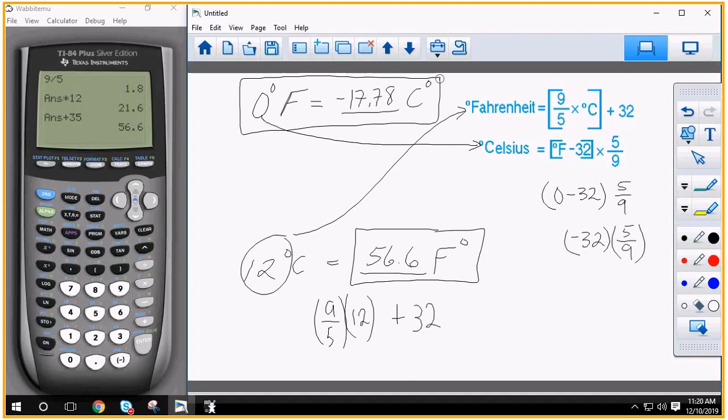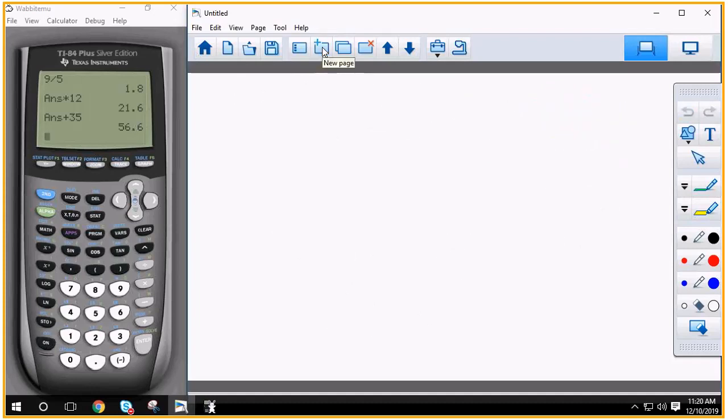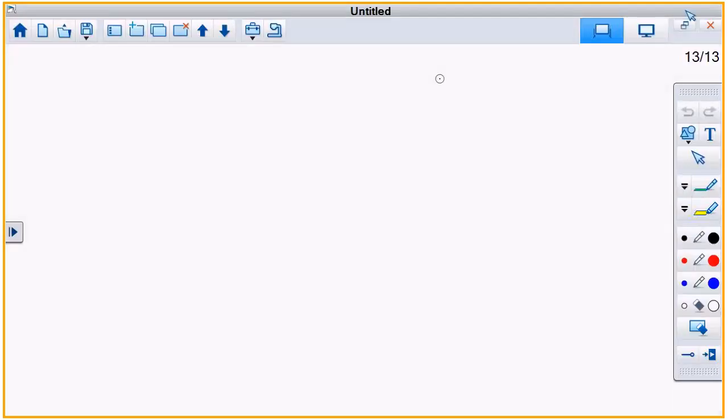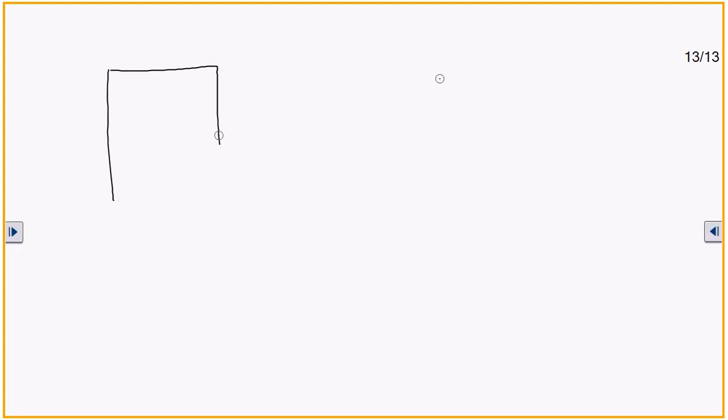Now, the third thing we're going to talk about is area, perimeter, and volume. I always tell students that if you buy a piece of land, and if it's a small piece of land, it looks like a rectangle. Let's say it's a half acre or an acre.